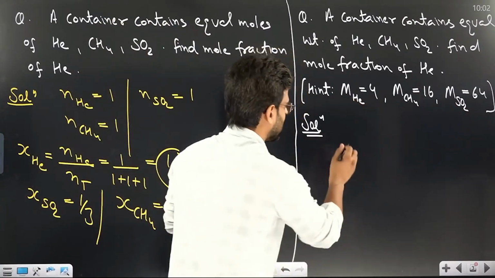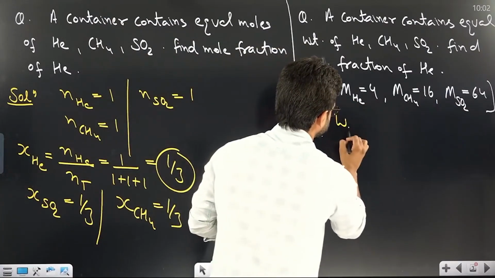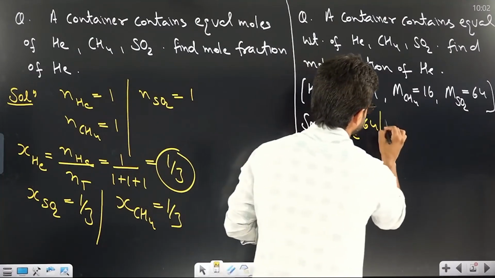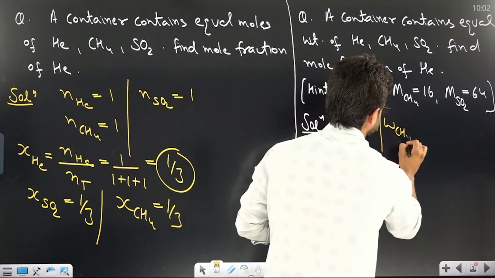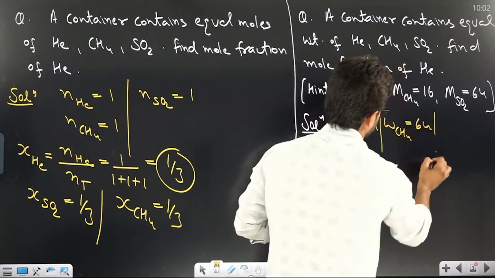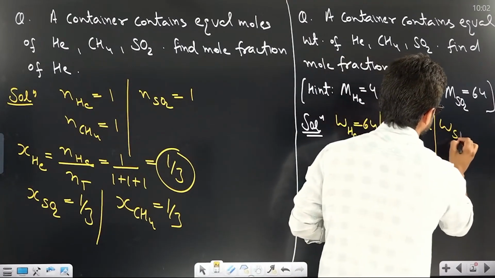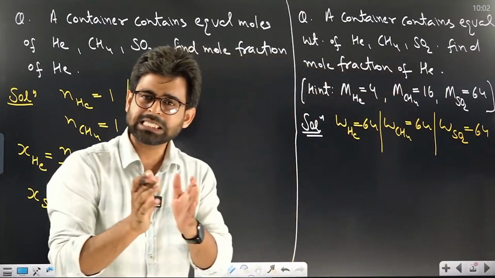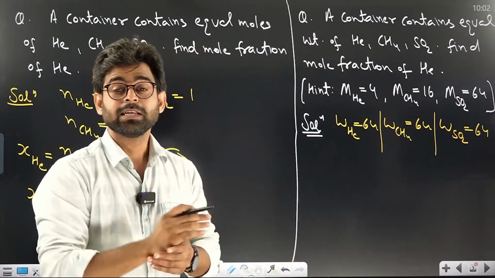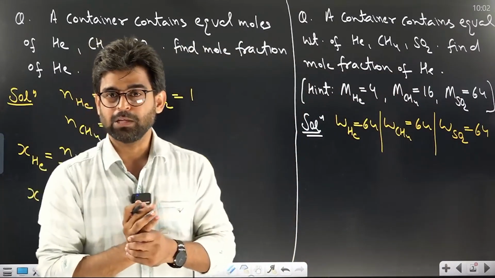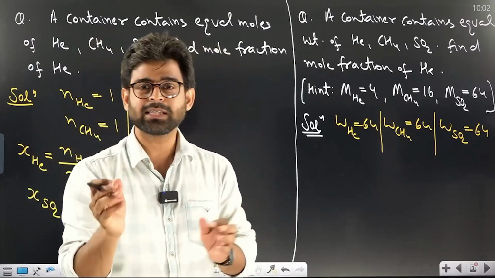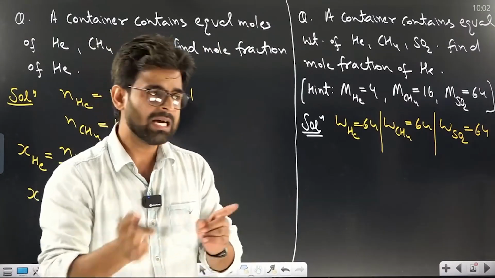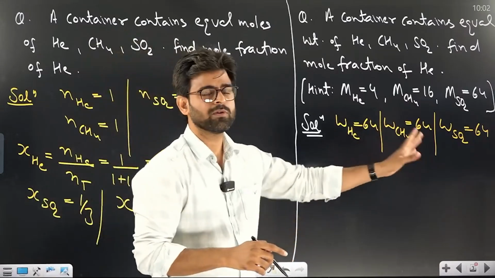So imagine weight of helium, take 64. Weight of CH4 also 64. And weight of SO2 also 64. You can take anything. You can take x, you can take 1, you can take 100. No issue. I am taking 64.